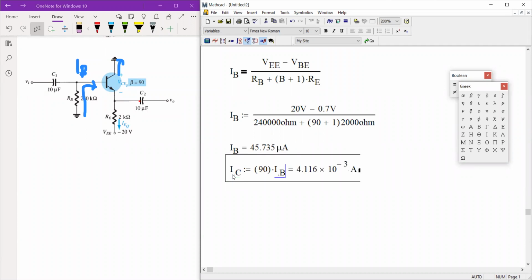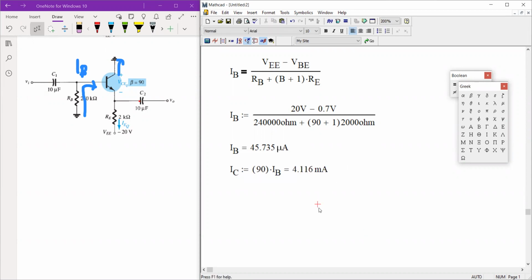Multiply it by 90, and that's 4.116 milliamperes. So that's the amount of current flowing through your collector terminal.